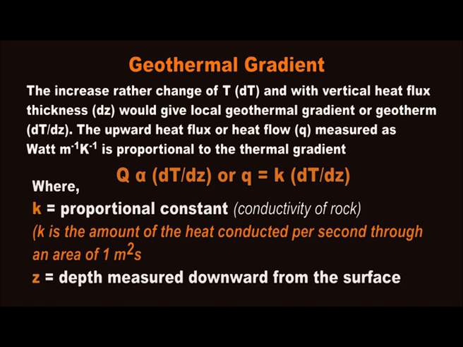Upward heat flux, or heat flow q, measured in watts per square meter, is proportional to the thermal gradient, that is q equals k dT divided by dz, where k is the proportionality constant known as the conductivity of rock. k is the amount of heat conducted per second through an area of 1 square meter, and z is the depth measured downward from the surface.